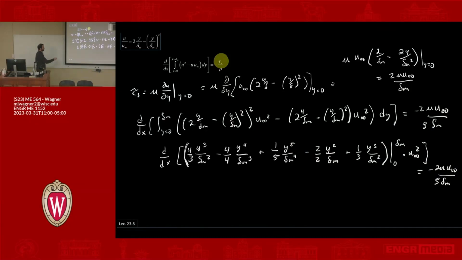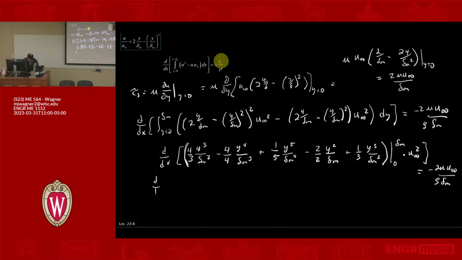So what I did was factor this stuff out. You have y squared, y to the 4th, that sort of factored out term here. And then the integrals of those become y cubed, y 4th, y 5th, and so on. So now we just need to evaluate this from delta m to 0, and then take the derivative of that. Hopefully I'm not going to run out of room here.